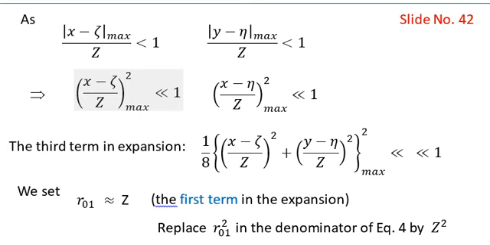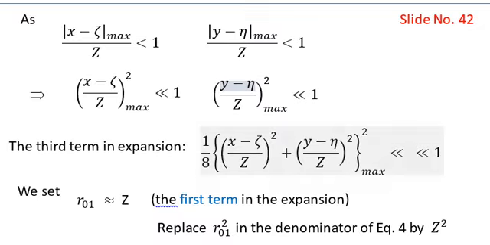So x minus zeta divided by z is less than 1, because this quantity is always less than 1. So if you take the square of that quantity, it is still less than 1. And similarly for the variable y we can write that y minus eta over z whole square, the maximum value of that one is less than 1.